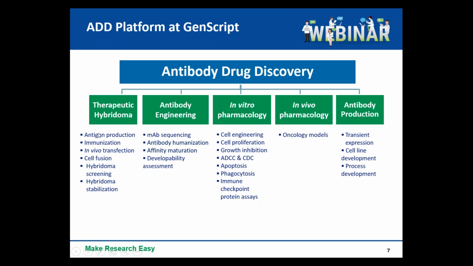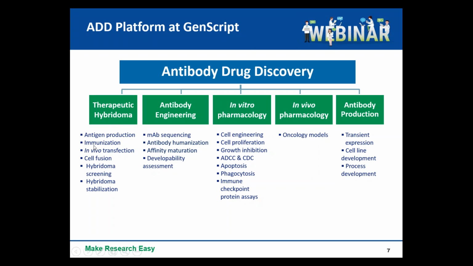To generate leads, as you know, hybridoma technology is the gold standard. The bulk of biologics or antibody drug discovery happens there. The leads are generated using the hybridoma approach, followed by display techniques and/or transgenic animals.